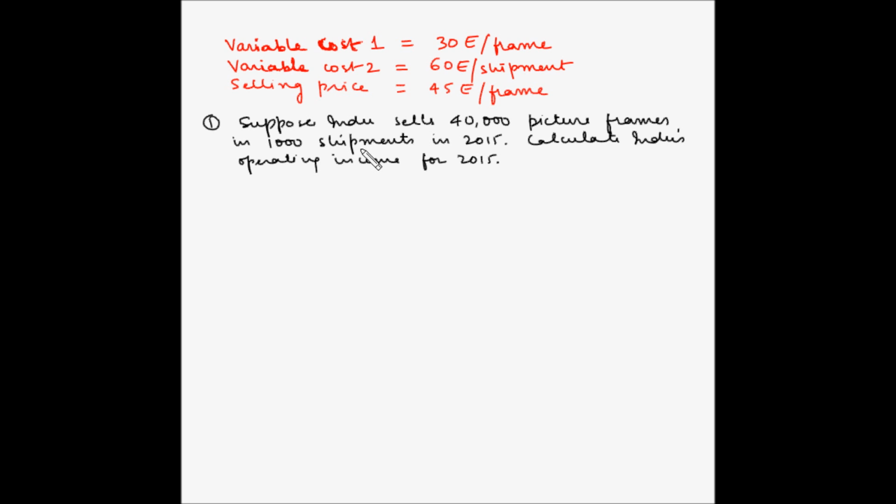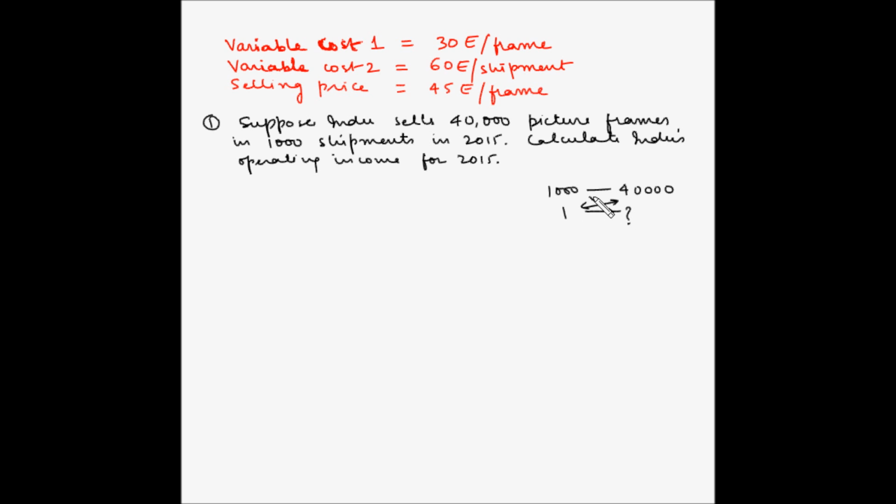So what does this mean? This means that there are a total of 1,000 shipments, and a total of 40,000 picture frames are being shipped in those 1,000 shipments. So in one shipment, how many?